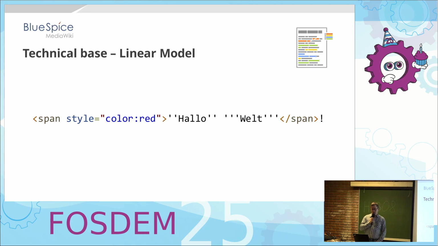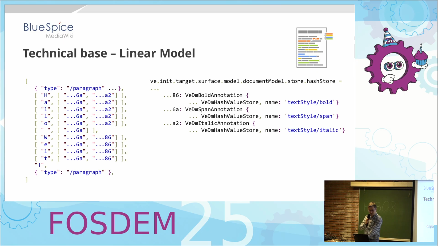wiki text. And now let's see how the visual editor itself represents this kind of content. I've truncated a lot of things because otherwise it would not be very readable. But what I want to show here is that it basically splits up the whole content of a page in a linear way, basically character by character or section by section.